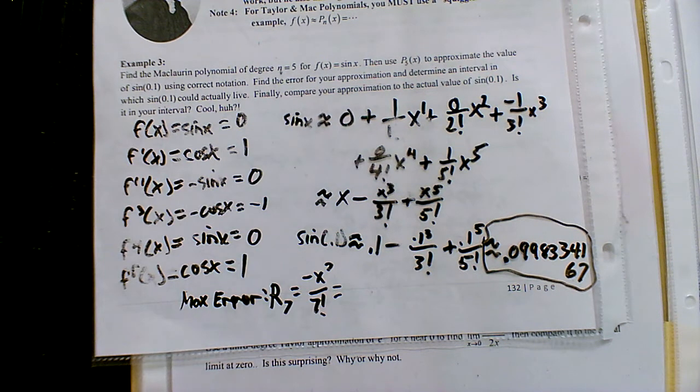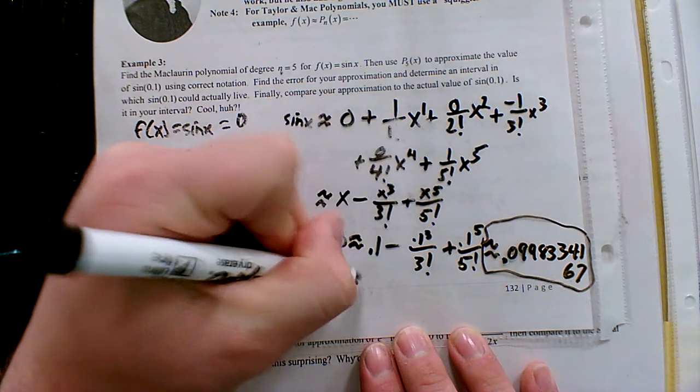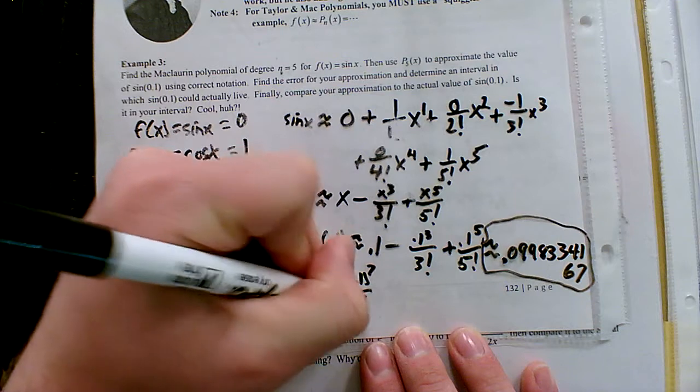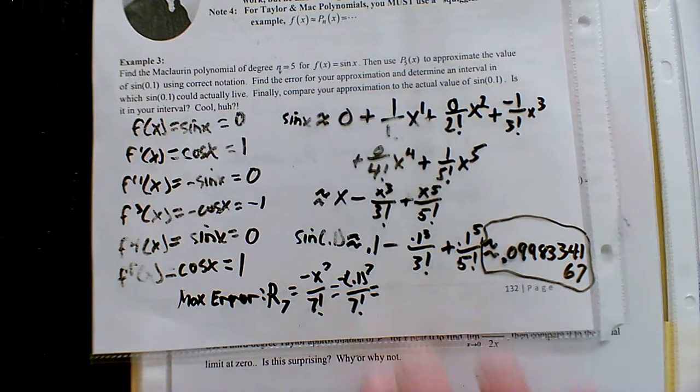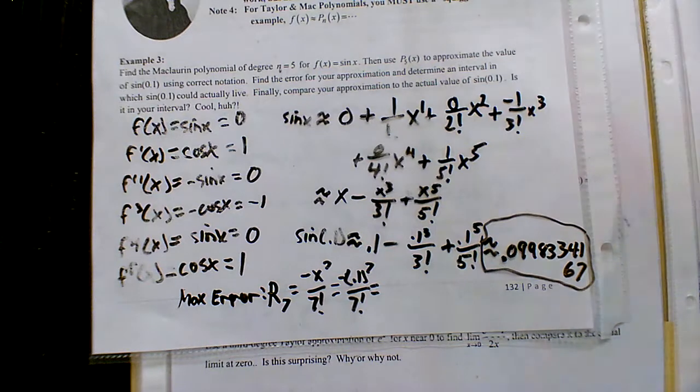We can find the value of just that term. So again, at 0.1, find the value. So plug 0.1 into that. And what is the value of just the 7th term at 0.1? So evaluate this, and you should get a big long decimal also. Your calculator may put it in scientific notation, depending on the calculator.